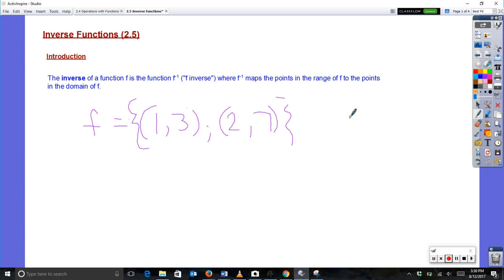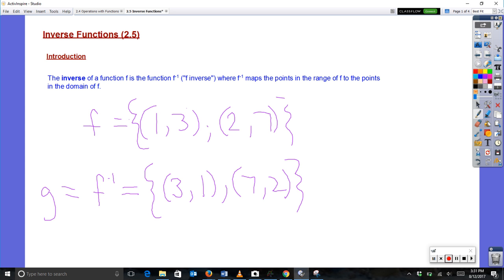So that would mean that its inverse, and maybe it's some other function g, but we would notate it as the inverse if it acted that way, we know for a fact it would contain the points (3, 1) and (7, 2). So what happens is the x values of f become the y values of the inverse, and the y values of f become the x values of its inverse.